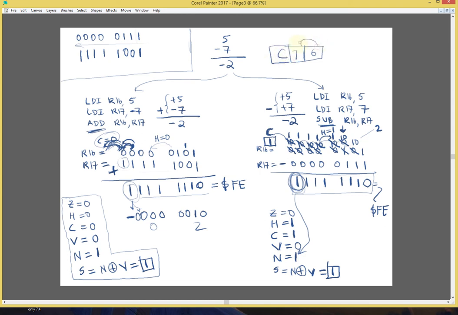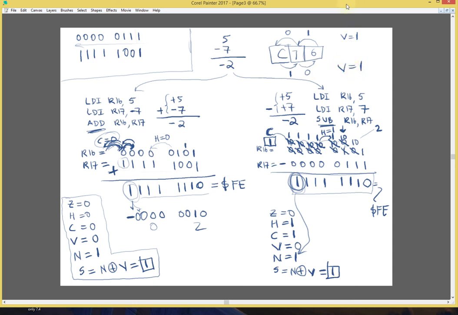So if you have this, a 1 needs to be carried over to here, but here is 0, then you have overflow. Similarly, if you have a borrow from here, but you have a 0 here, then overflow is 1.